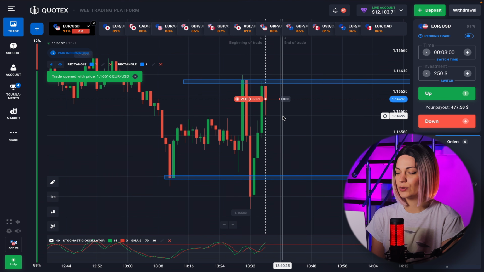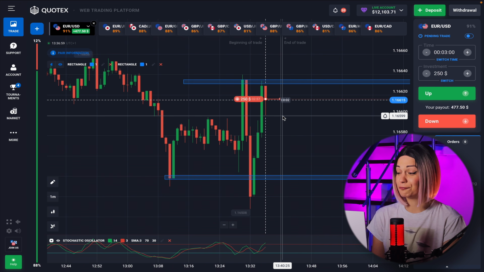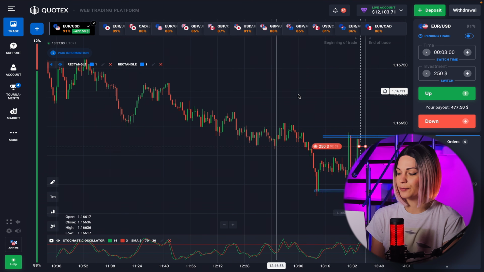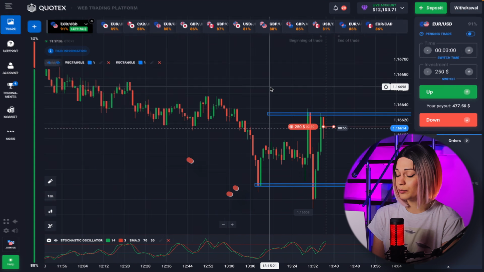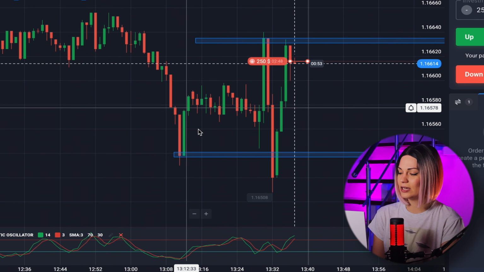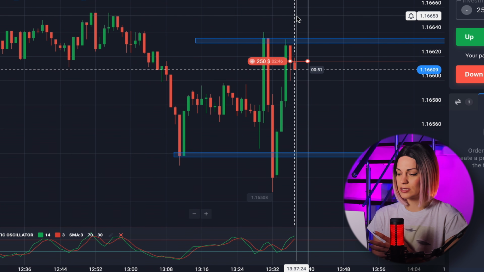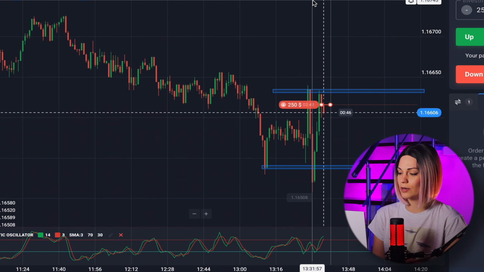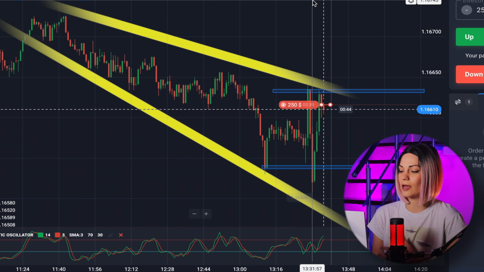Okay, so I'm not going to wait any longer. I'm going to risk this one, Euro American dollar. What do we see here? We see a long downtrend, a global downtrend, and we can also think that the reversal is happening and the price is going to go upwards. But if we look deeper into the structure of the trend, we see that the structure is not broken.